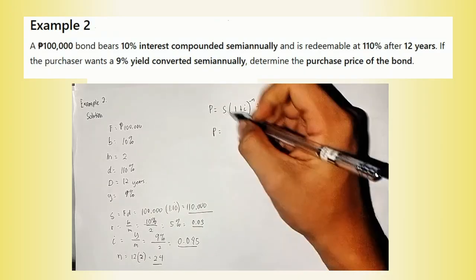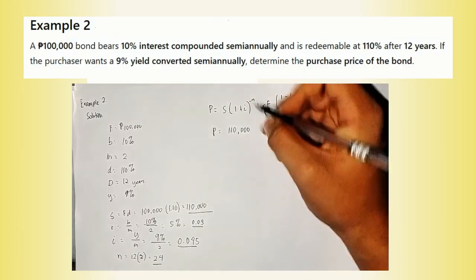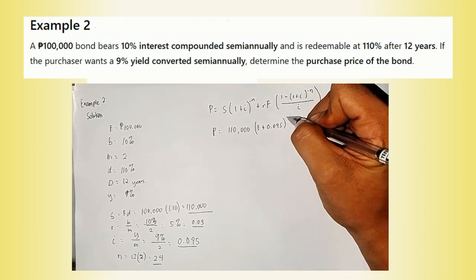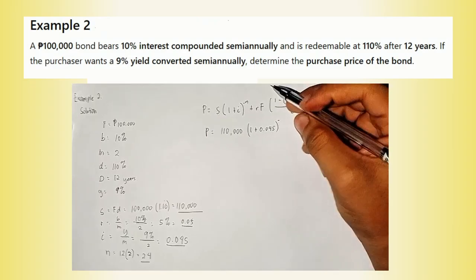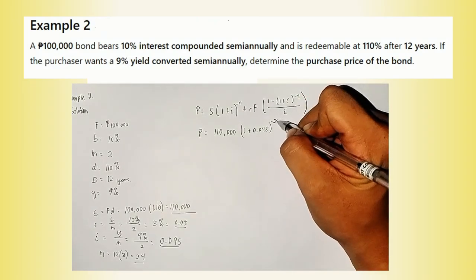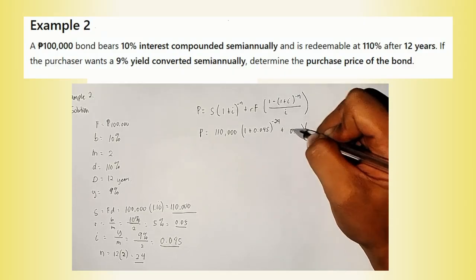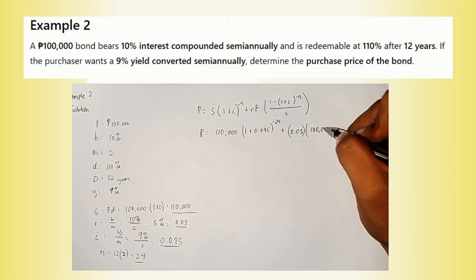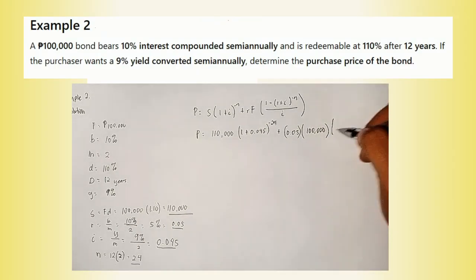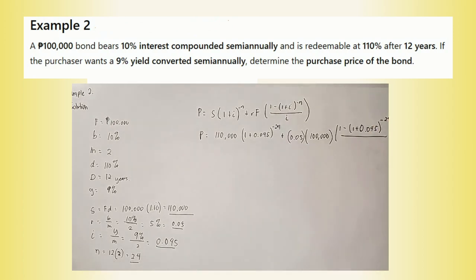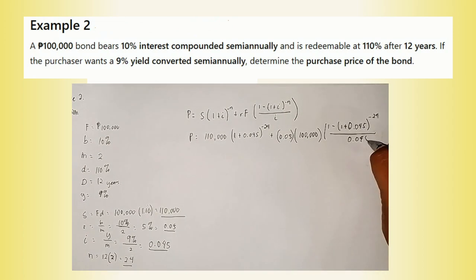P is equal to 110,000 times (1 plus 0.045) to the power of negative n, our n is 24, plus R, which is 0.05, times F, 100,000 face value, times 1 minus (1 plus I), or 0.045, to the power of negative 24, over I, 0.045.